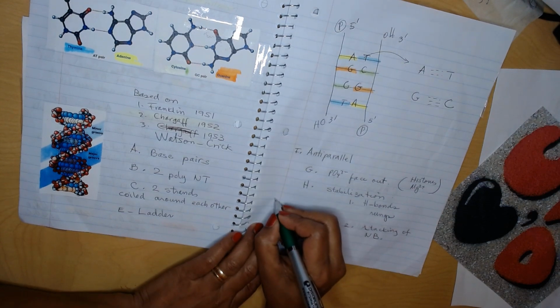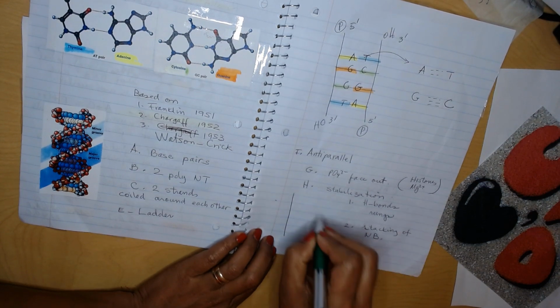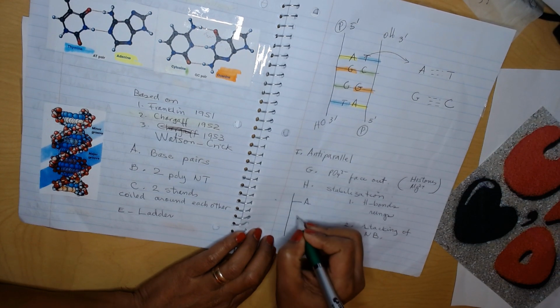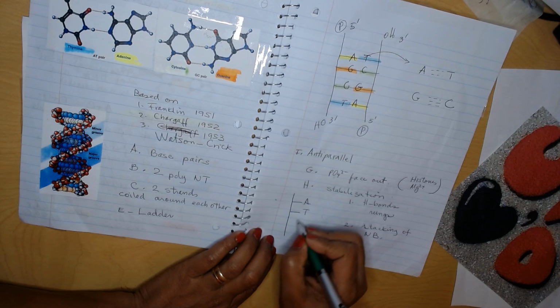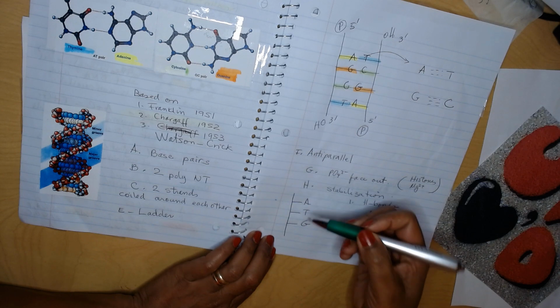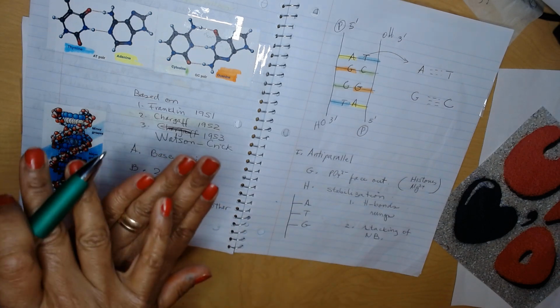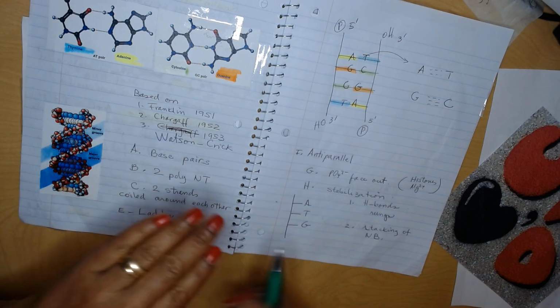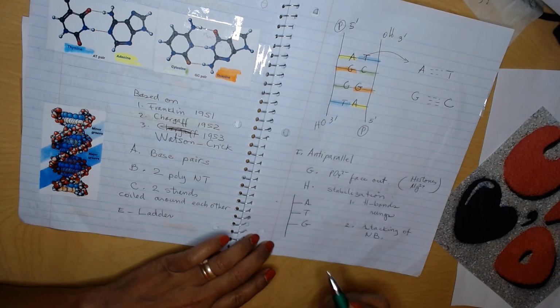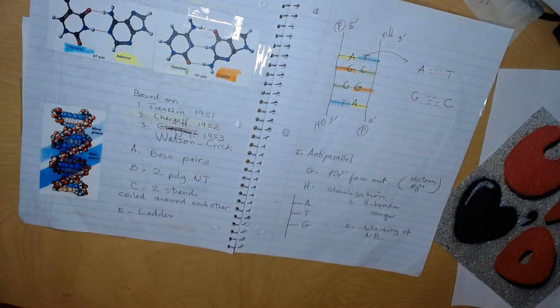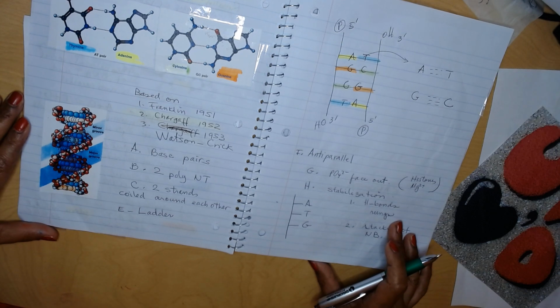Let's say I have one backbone alone, with adenine, thymine, and guanine. All of these are overlapping each other, and these are hydrophobic centers, so those nitrogen bases are in the center protecting that information, so there is not going to be any damage.